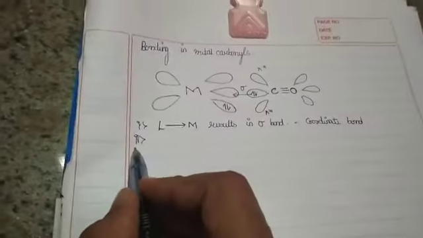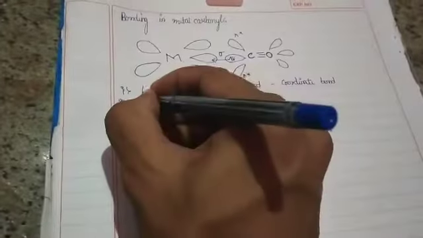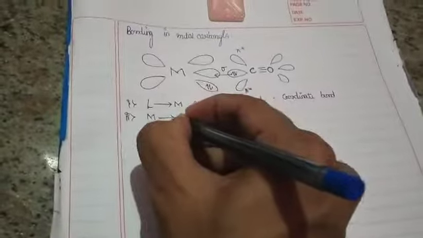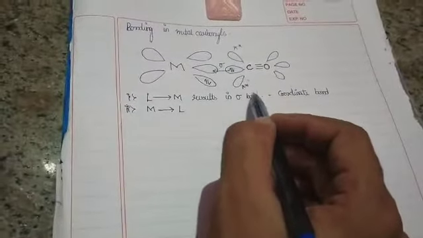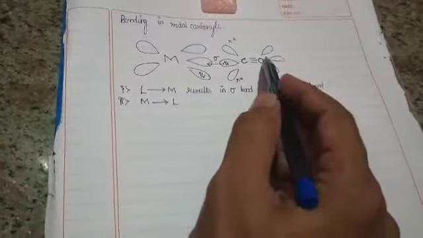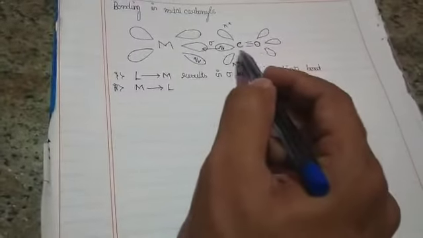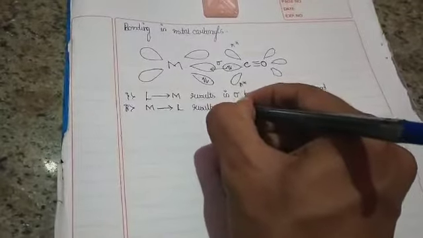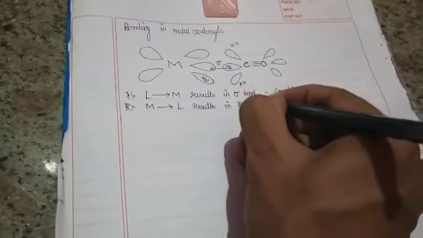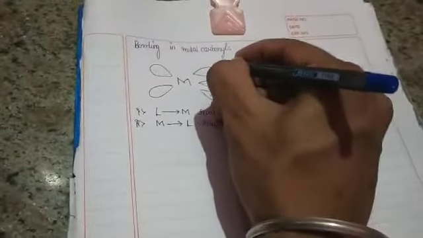So the second type of bonding is observed from metal to ligand: the filled d orbitals of the central metal atom or ion overlap with the vacant anti-bonding orbitals of the carbonyl, which is acting as a ligand here, resulting in the pi bond. But you have to keep in mind that two such pi bonds are observed.